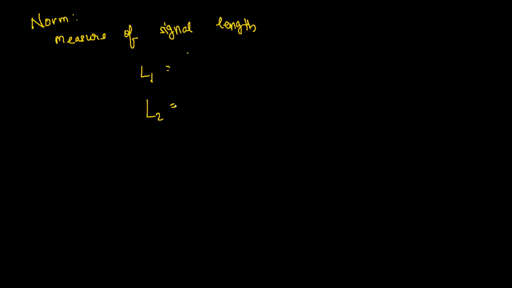So a norm is a measure of signal length. Like we had different moments m1, m2, and so on, we have norms L1, L2, and so on.